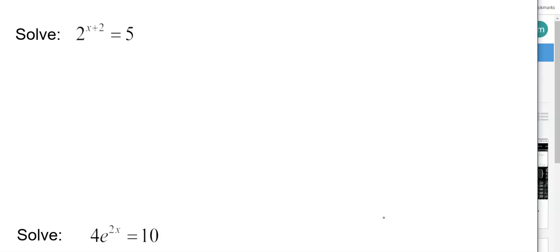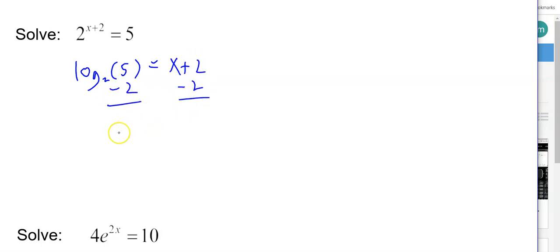Okay, let's try a couple problems. I think you get this. These are equations, so we're going to try to solve them, and probably the easiest way is just to change the form. So this will be log base 2 of 5 equals the exponent, because logs equal exponents, x plus 2. One more step, subtract 2 from both sides, and you get x equals log base 2 of 5 minus 2.